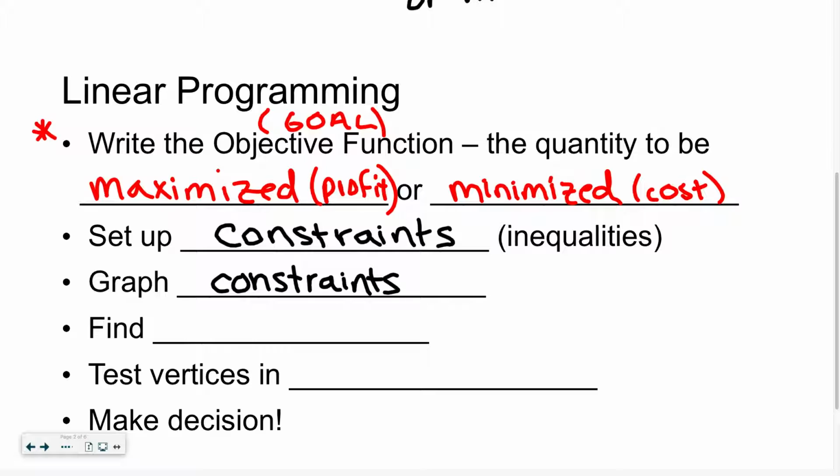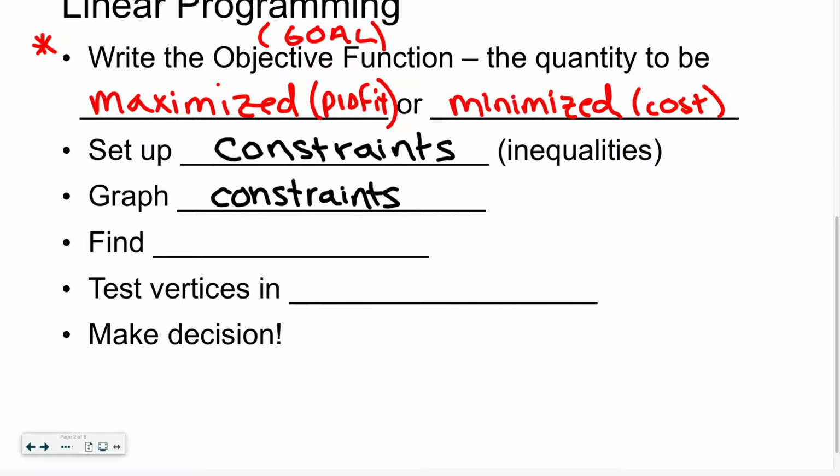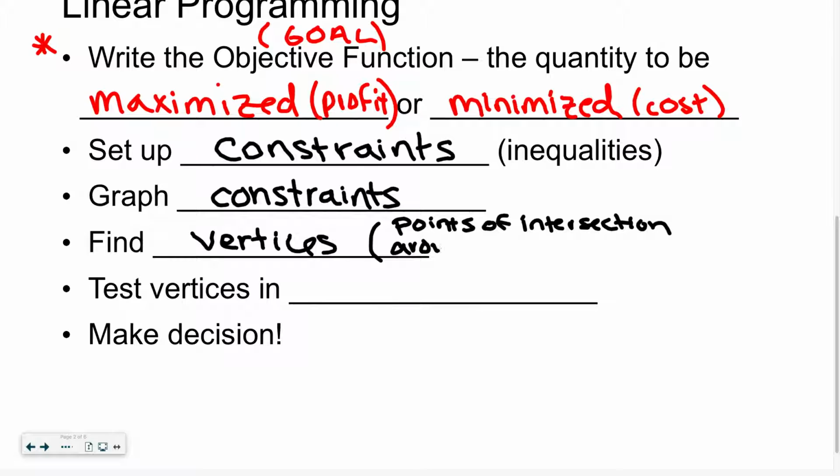Okay. And then after you graph the constraints, you look at your shaded region and you find all of the vertices. So just remember, vertices are points of intersection around the shaded region. You don't have to do all points of intersection, only if they are around the shaded region.